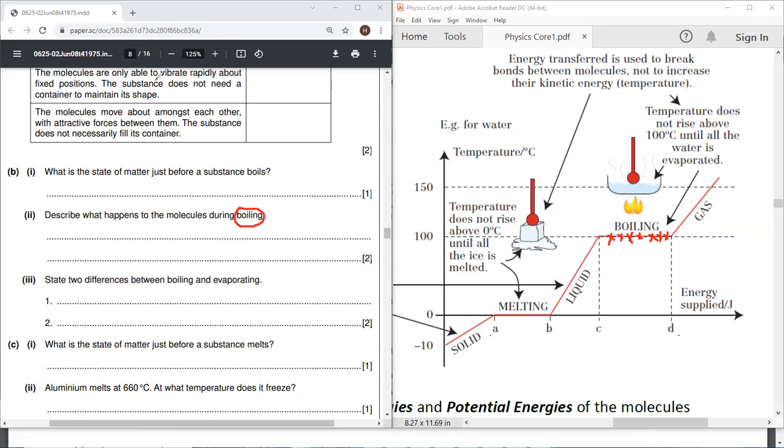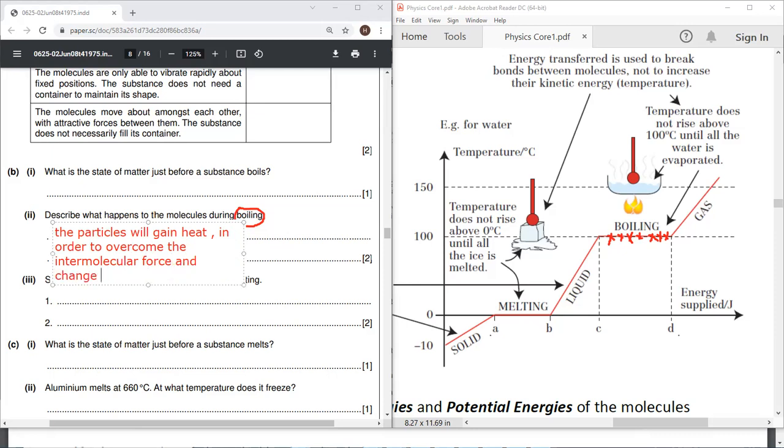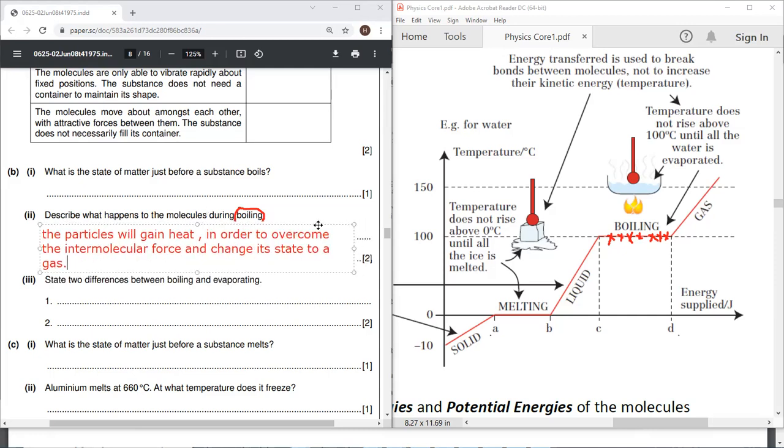So here we could say that the particles will gain heat in order to overcome the intermolecular force and change their state to a gas. And that's for this part.